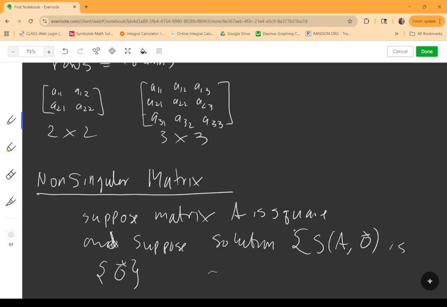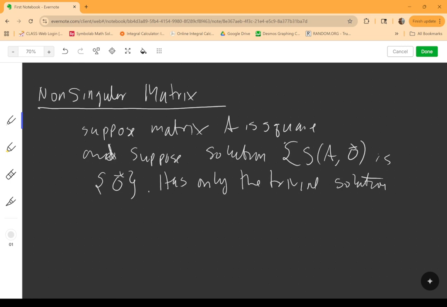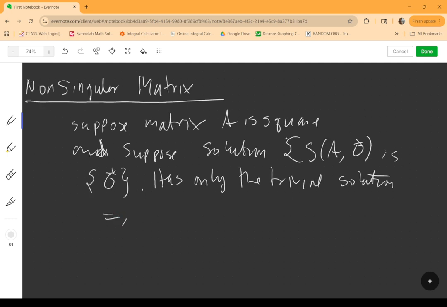In other words, it has only the trivial solution. So if those two conditions are met, first of all, it's square, and the solution to the homogeneous linear system of this matrix A is the trivial solution, then we say that A is non-singular.